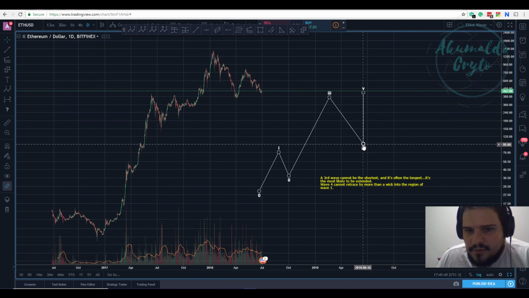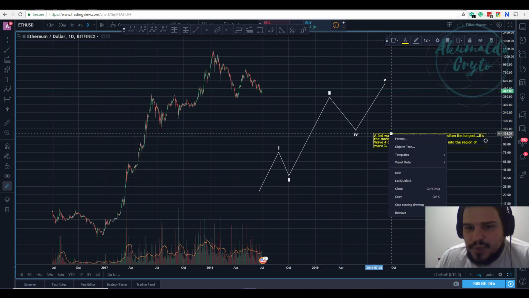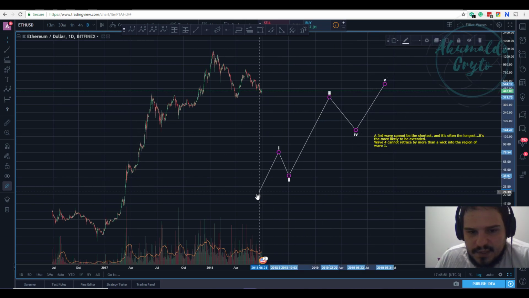This is another important rule: the relationship between wave 4 and wave 1. And what about the retracements? You have the wave 1. After wave 1 finishes, we have a wave 2.